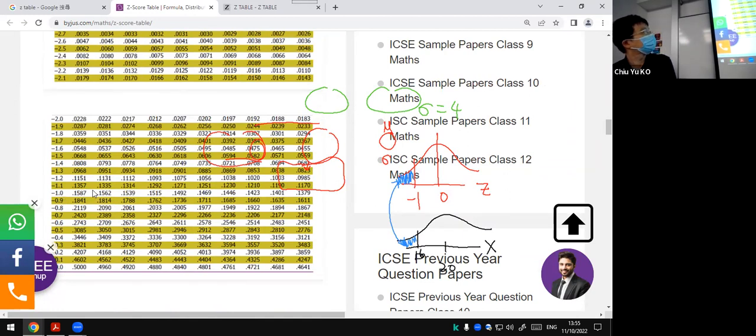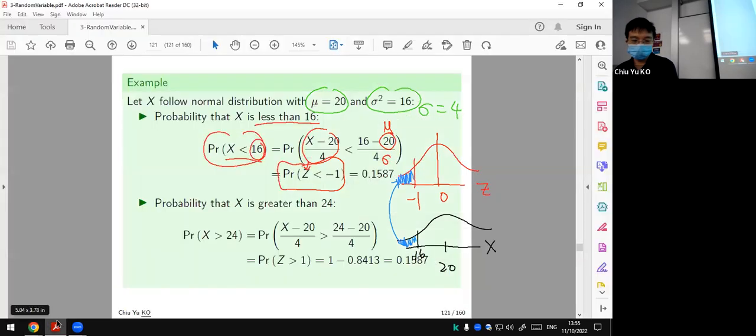I don't know whether you can see it clearly from the back, but this is how we look at this. So that's how you get this. Is that clear?